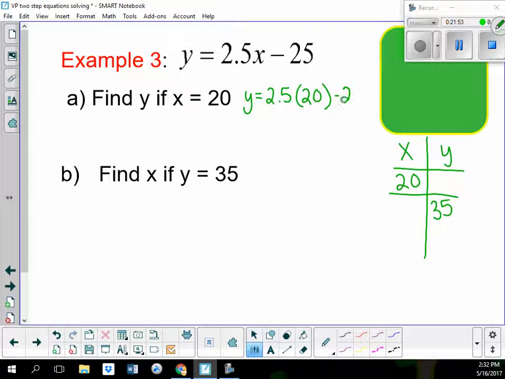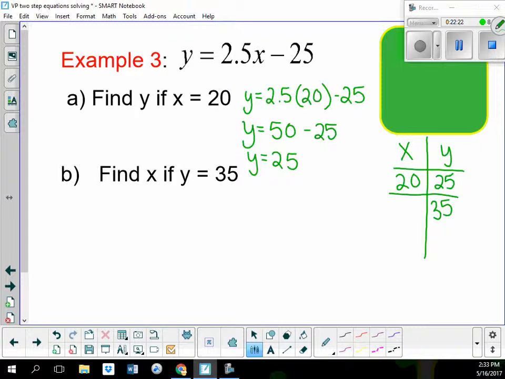So once you multiply 2.5 and 20, you get 50. Okay, so 2.5 and 20, right? Okay. So you're right, that's 50 minus 25. And then when you subtract that, you get 25. Fantastic. And y is 25.